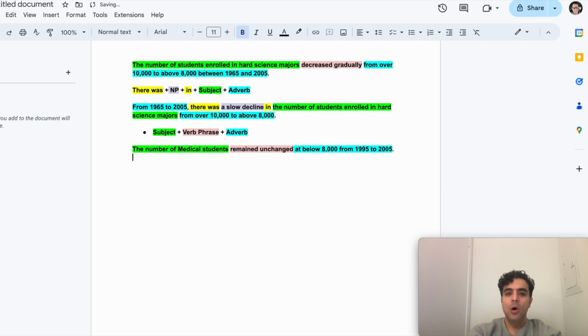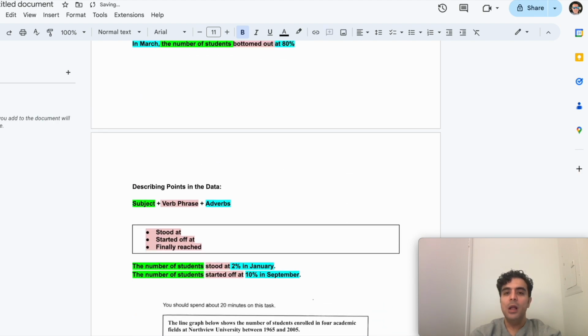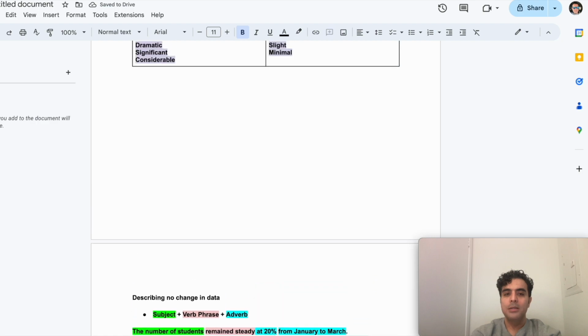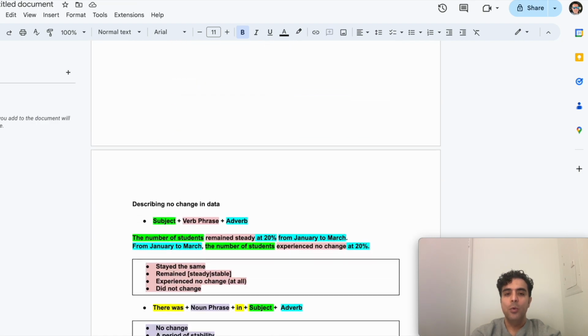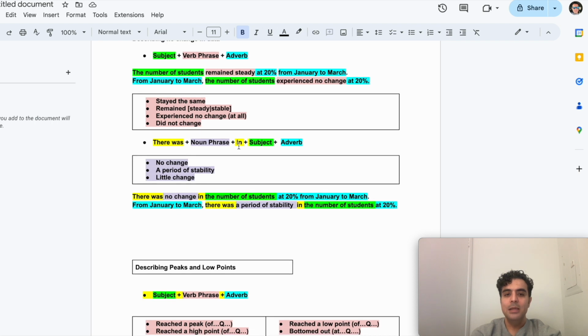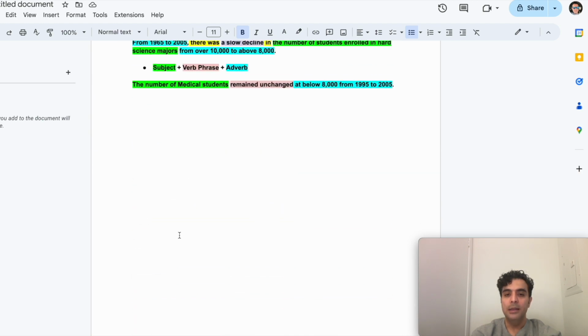Okay, so what if I want to use the other structure for describing no change at all? The way you would do this is this time you would use this structure, and then you would use a noun phrase such as no change, period of stability, or little change.